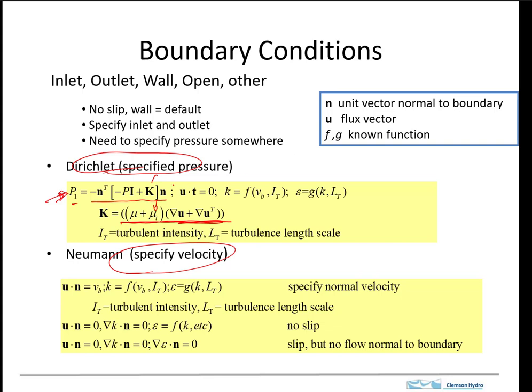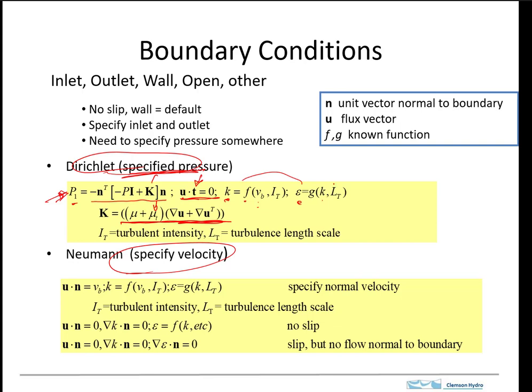And then we have additional terms for when we specify the pressure. We also are specifying that that's the tangential vector, so the tangential velocity is 0. And we've got expressions for K and epsilon, and these are going to be functions of the velocity and this K.